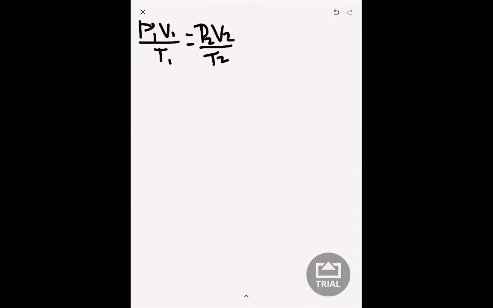It tells me that there was 1.80 atmospheres, there's 20 degrees Celsius, there's 1.90 atmospheres, and what was the temperature.